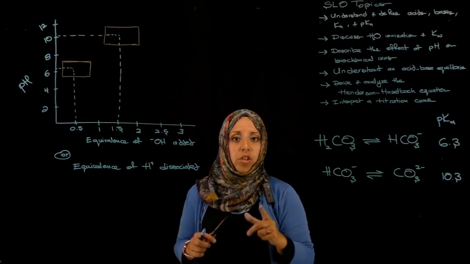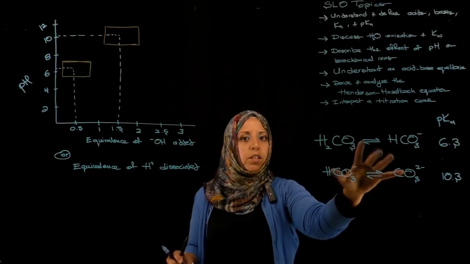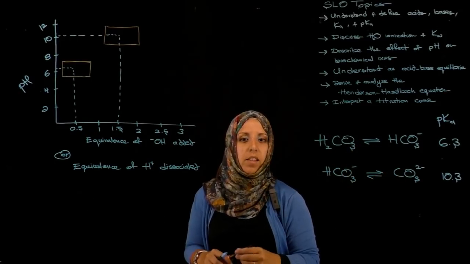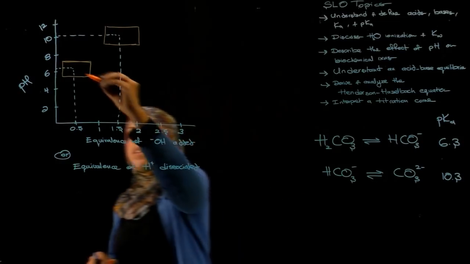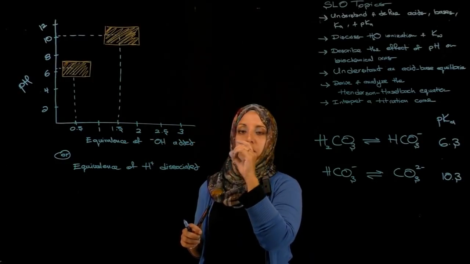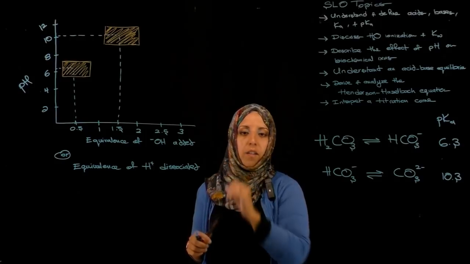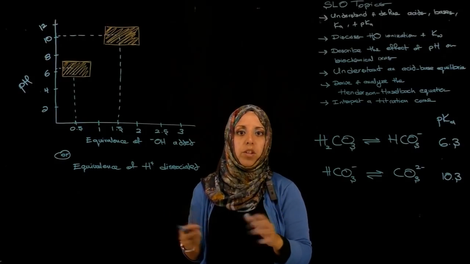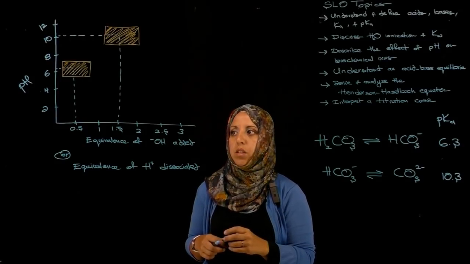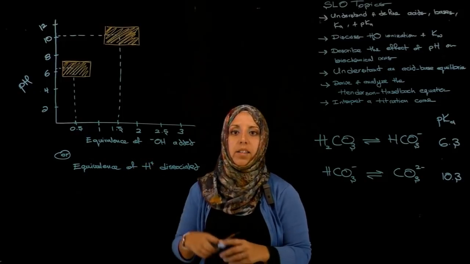Within that region of a titration curve, the concentrations of the acid and the conjugate base are somewhat similar, right? When the pH is within plus or minus 1 of the pKa value, there are small changes in pH upon the addition of an acid or a base.